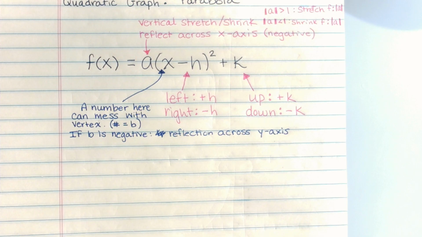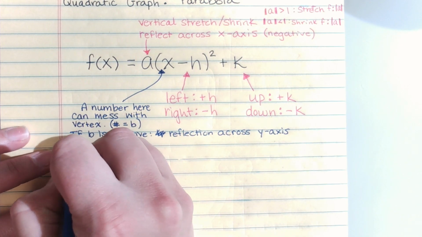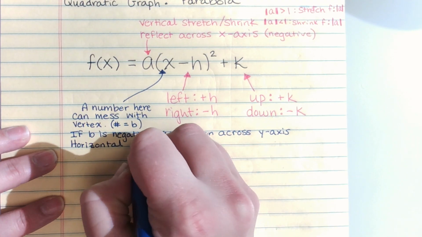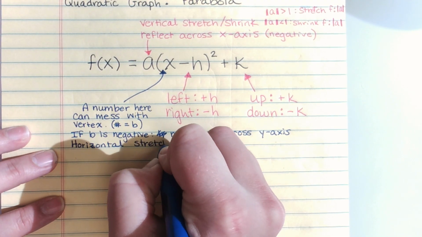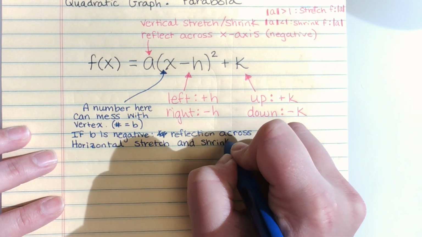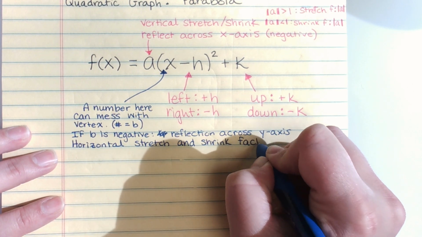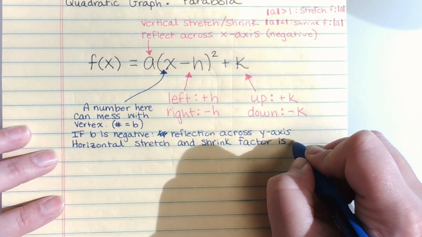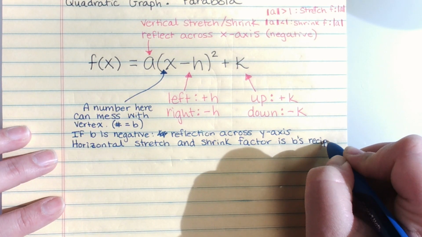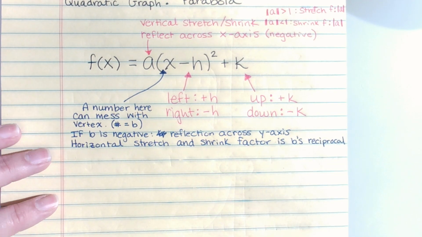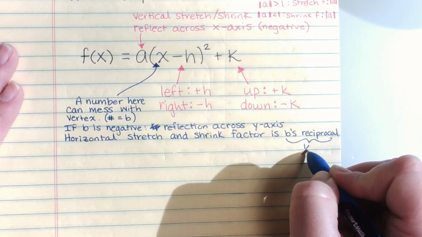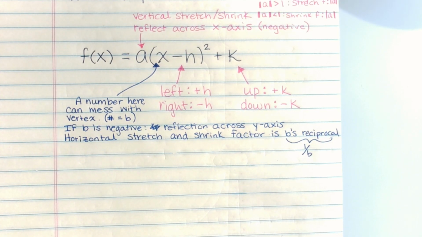We also have the issue with that horizontal stretch and shrink. Specifically, its factor is B's reciprocal, AKA it's 1 over b. That's what b's reciprocal would be.